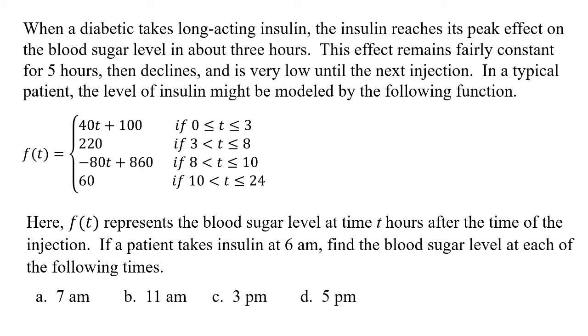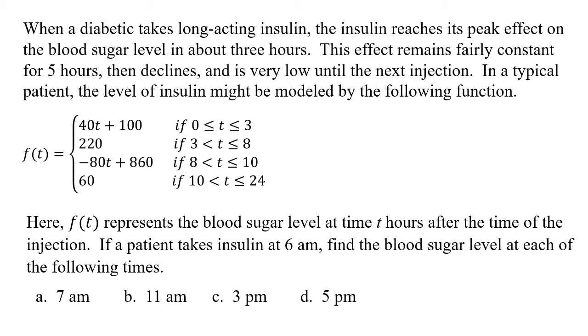So f of t will be 40t plus 100 if t is between 0 and 3. It will be 220 if t is between 3 and 8. It will be negative 80t plus 860 if t is between 8 and 10. And it will just be 60 if t is between 10 and 24.